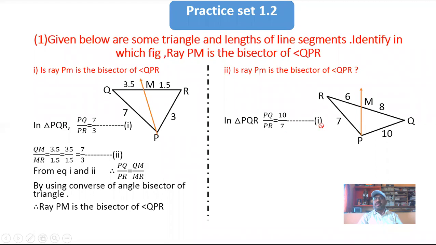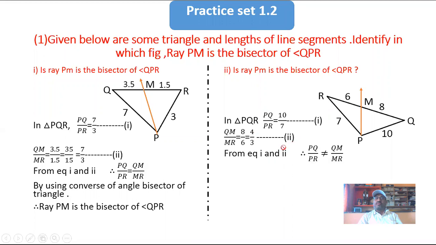Equation number 1. Similarly, the ratio QM to MR is equal to 8 to 6. Divide by 2: 2 fours are 8, 2 threes are 6, so 4 to 3. You get equation number 2.